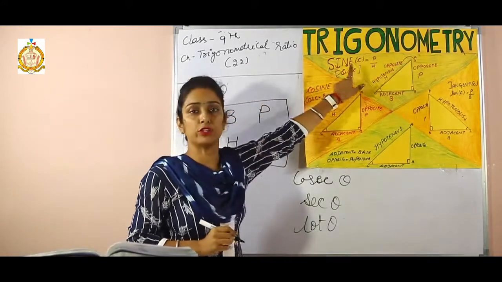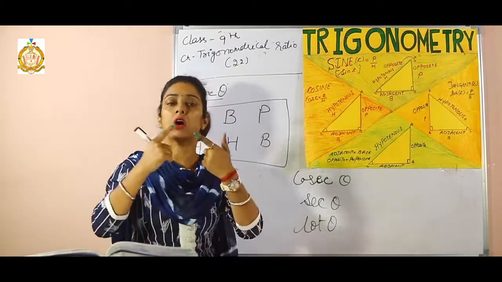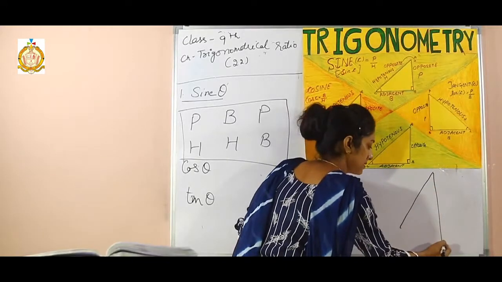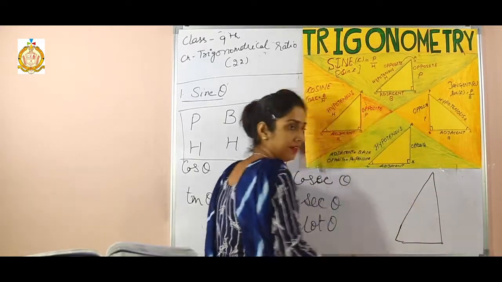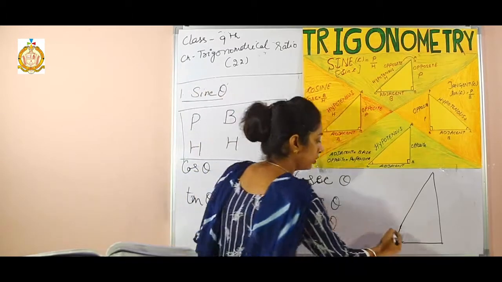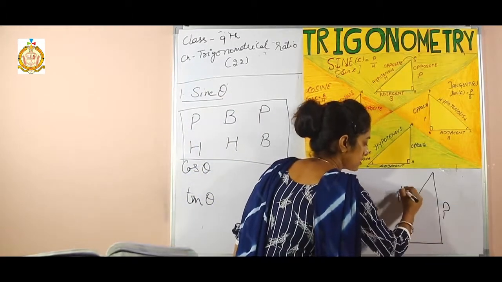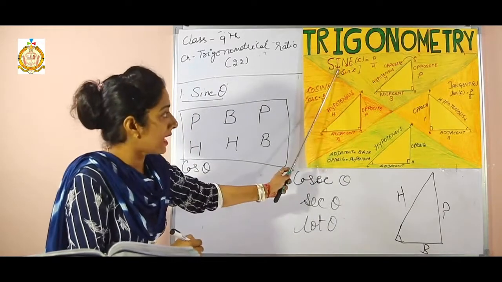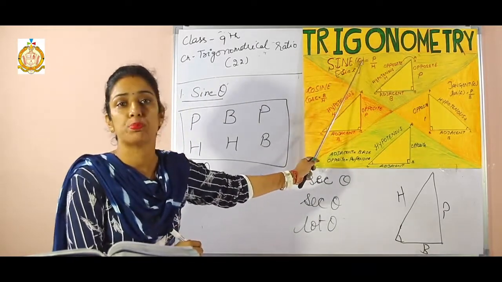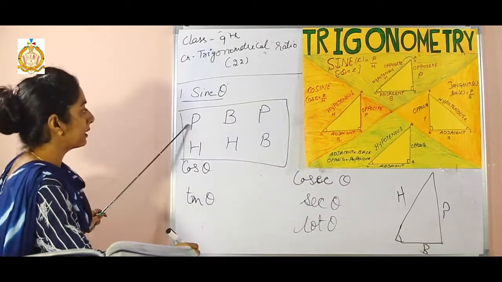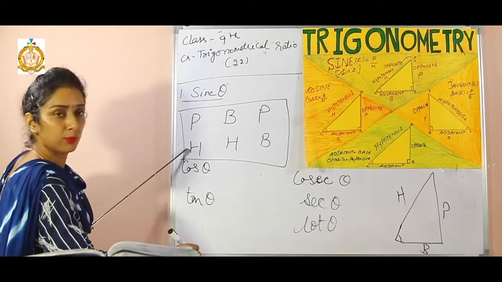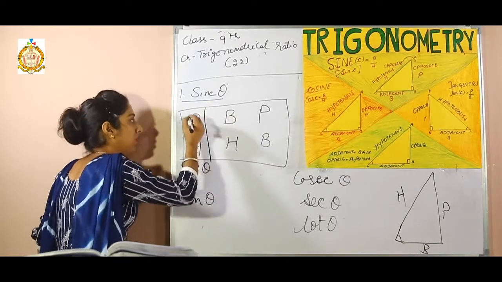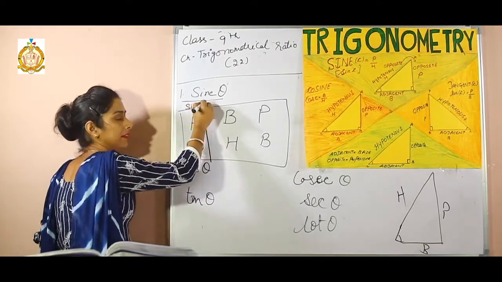Now first of all, we discuss sine theta. In a triangle, I told you, this is the perpendicular, this is the hypotenuse and this is the base. So sine theta is equal to P over H. Here Pandit is P and har bole is H. P over H is the first term, called sine theta.